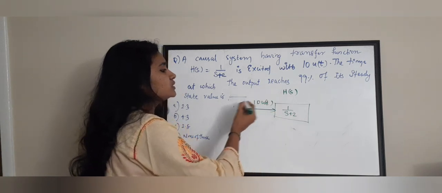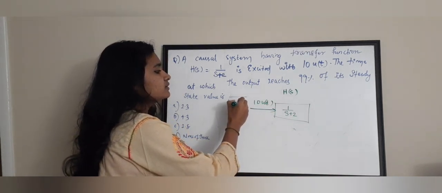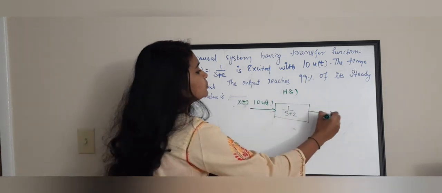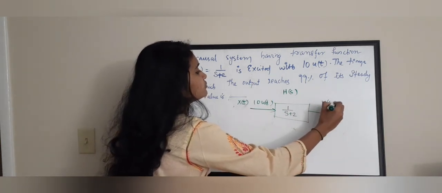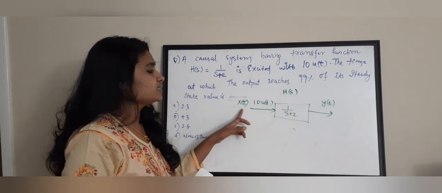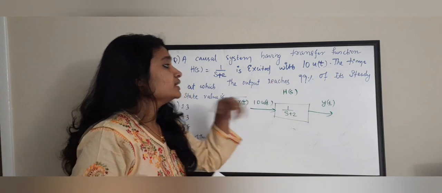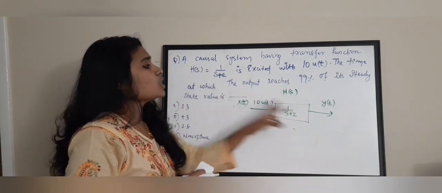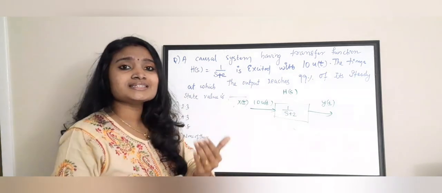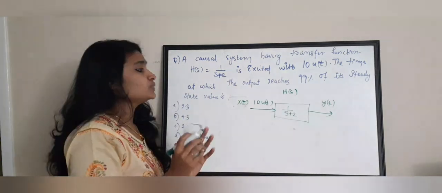I'm going to call it x(t), and I'll have some output, right? I'm going to call it y(t). Now this is a transfer function, this is an input signal and there is an output signal. The time at which the output, which is y(t), reaches 99% of the steady state value.